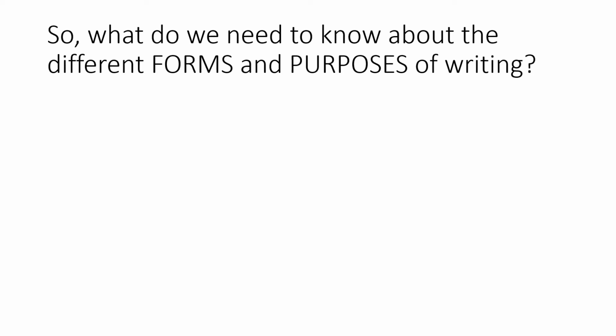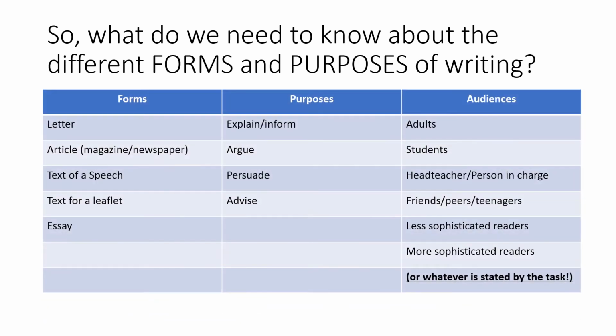Okay, right, so again, get your pens and paper ready for this one. This is a breakdown of what those different forms and purposes of writing are that you need to know. So the different forms that the exam board expect you to know and understand how to use the conventions of are letters, articles, now that could be a magazine article or a newspaper article, the text of a speech, so not the actual verbal, but the words that would be delivered verbally.